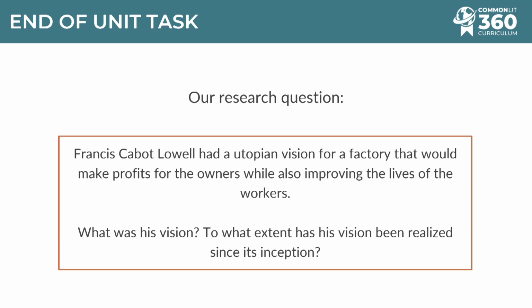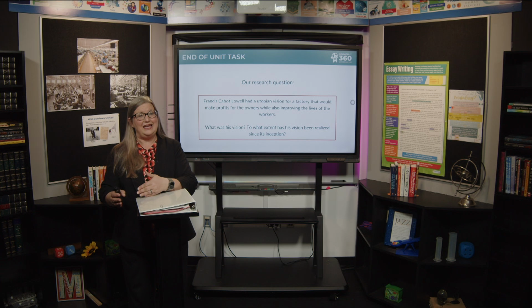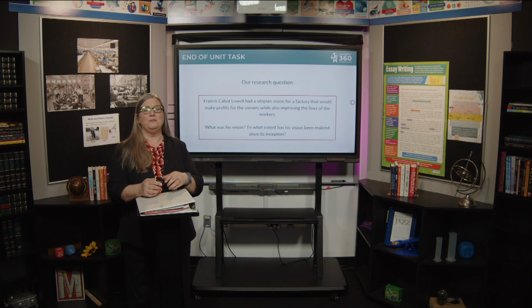We're going to be gathering evidence to answer this research question. You're going to learn who Francis Cabot Lowell was and dig into some of his factories and what happened in the past and what methods are still being used today that he created back 100 years ago.